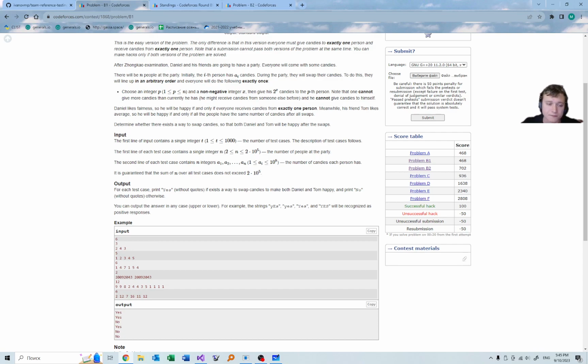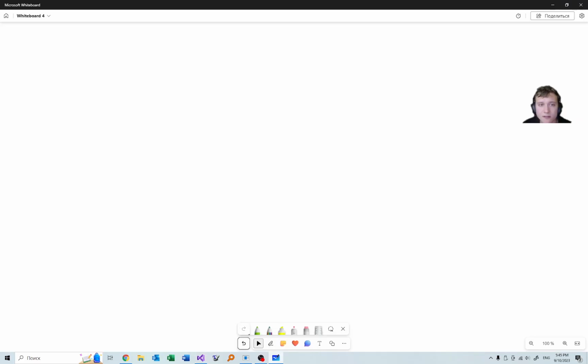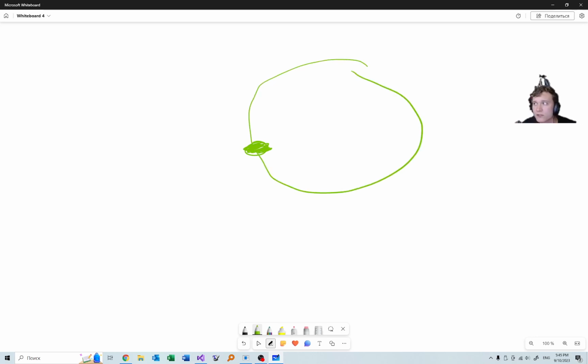Ah, and also there is a single number out there which should be just included in any cycle. It can be just included in any cycle because it takes something and it immediately gives it back.